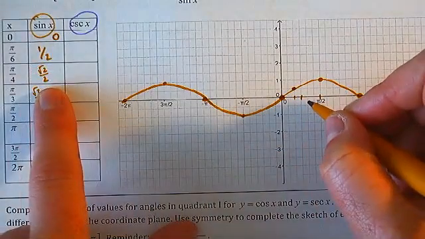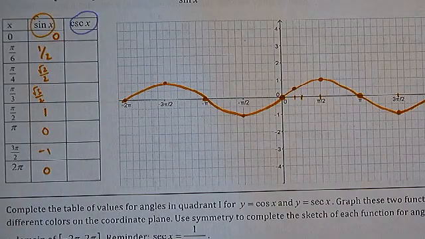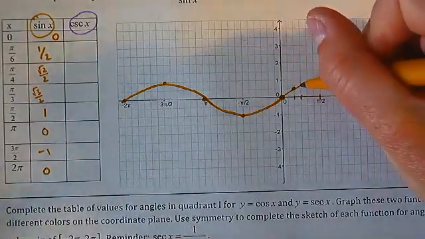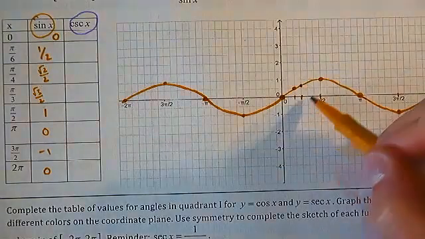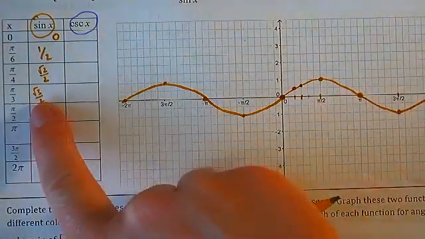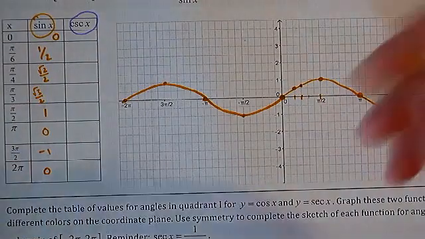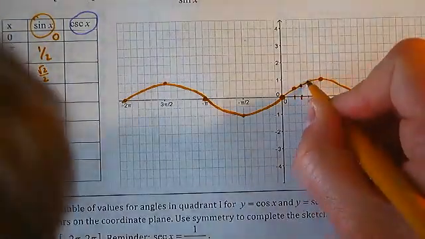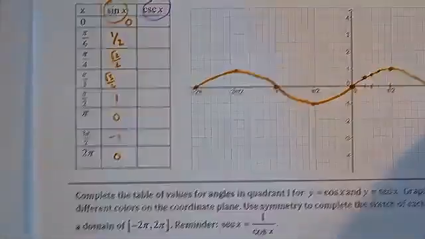Pi over 4 is √2 over 2, which is approximately 0.7, pretty much where my graph is. And at pi over 3, it's √3 over 2, which is approximately 0.9, almost at 1. That's why it's up here so high. Okay, so that's all those points.